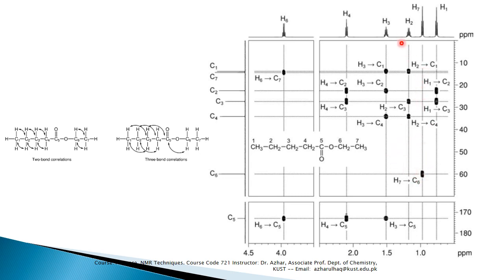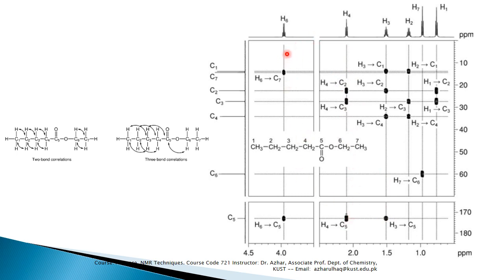Similarly, H2 in the molecule shows connectivity with C1, C3, C4. Similarly, the spectrum shows that H3 is connected with 2 bond or 3 bond separation with C1, C2, and C5. Similarly, H4 shows cross peaks with C2, C3, and C5.